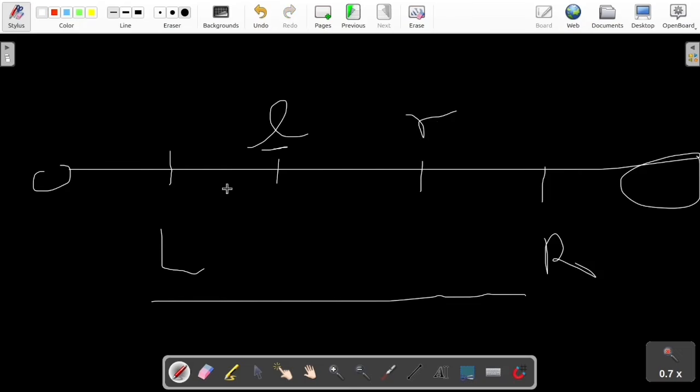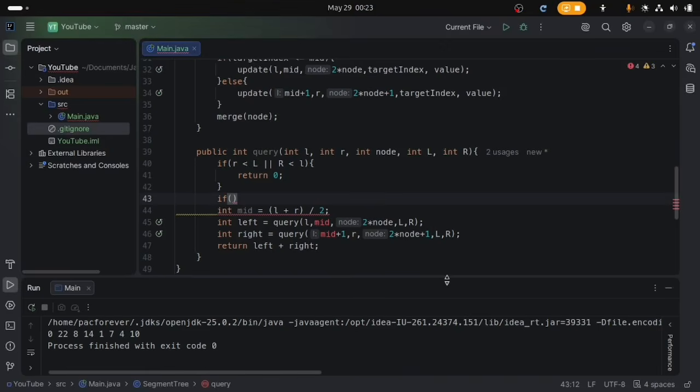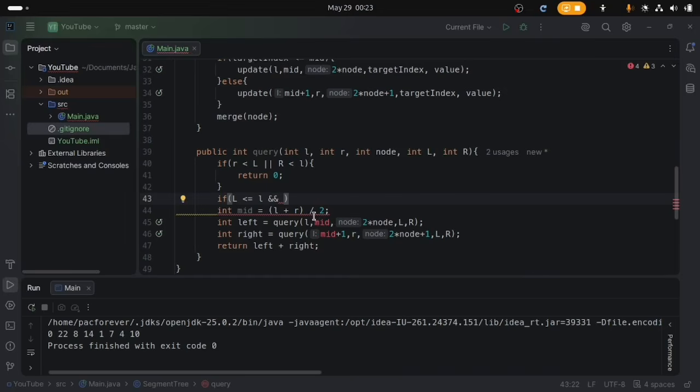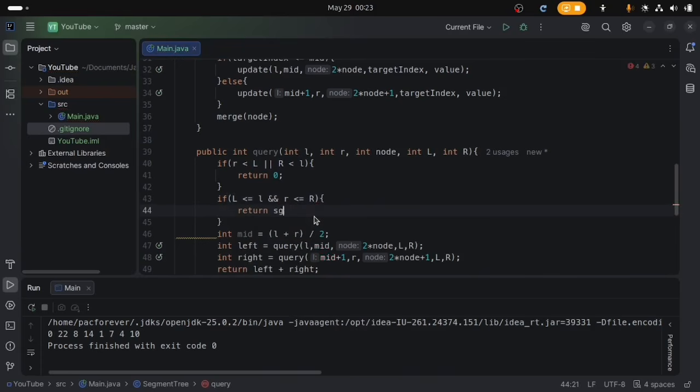Either your L is greater than or equal to this L, and this R is less than or equal to this capital R. So capital L is less than or equal to L, and here it should not be OR, because there is only one case of complete overlap, which is this. Both conditions should be satisfied simultaneously. Capital R, return the value which is stored in that particular node.